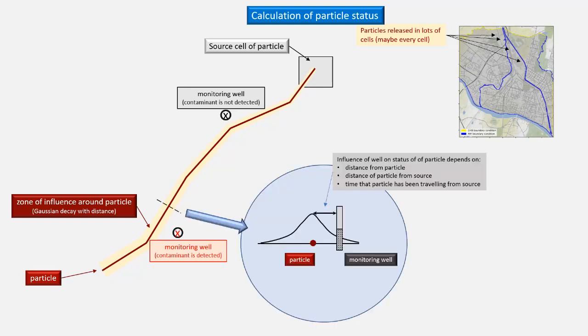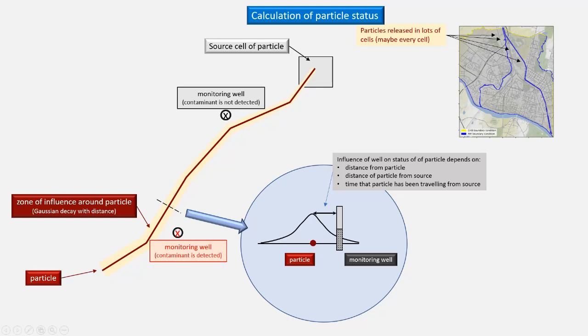And that halo decays with distance from the particle trajectory as a Gaussian function. So that resembles the analytical solution to the advection dispersion equation. We then assign a status to each particle, and there are thousands of these particles.